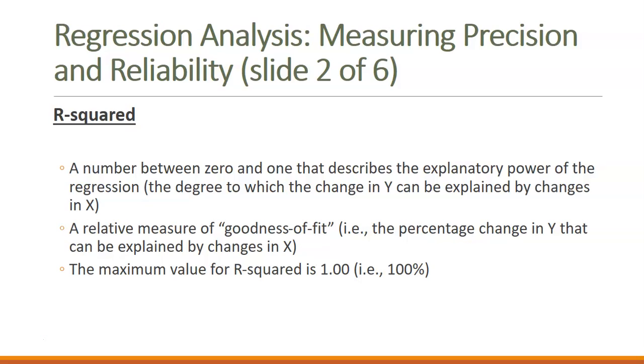R squared is a number between 0 and 1 that describes the explanatory power of the regression, so the degree to which the change in y can be explained by changes in x. So this shows us how good a fit our cost driver is for that information. The maximum value for R squared is 1, or 100%.